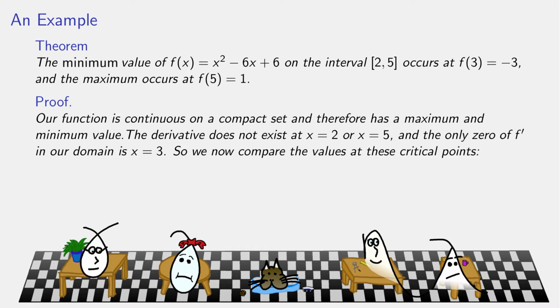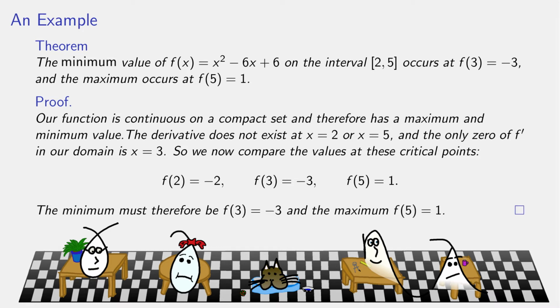Since that's only 3 points, we can just compute the value. f of 2 is -2, f of 3 is -3, and f of 5 is 1. The max and min exist because we have a continuous function on a compact set. The max and min must happen at critical points, and there's only 3. So these 3 points must contain the max and the min.